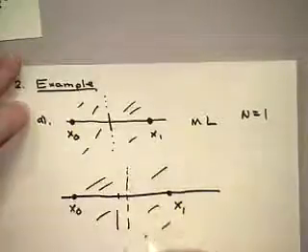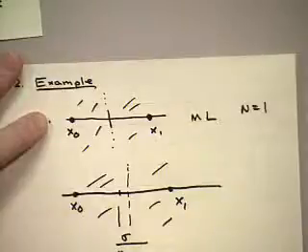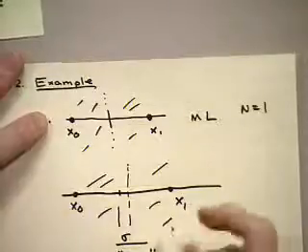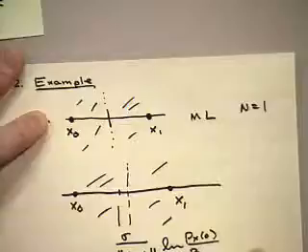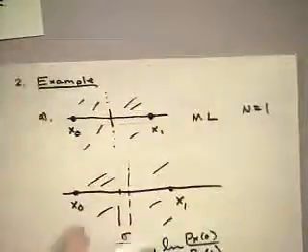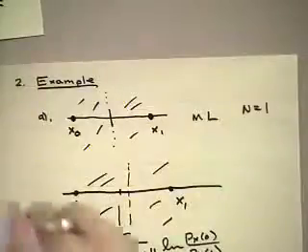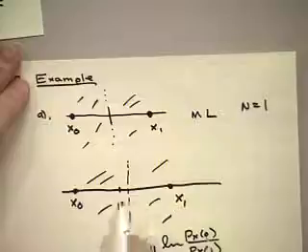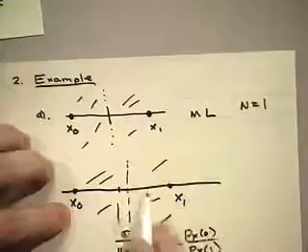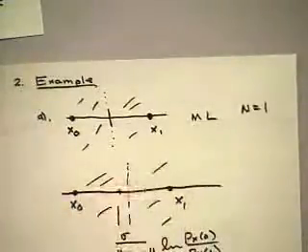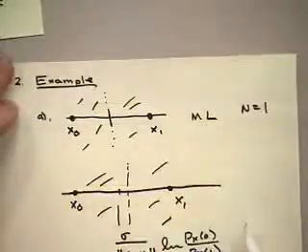And this difference here works out to be sigma over the norm of x1 minus x0, not squared, times log of p of x0 over p of x1. So there's a little bit of an offset for the 2-point constellation if one of the points is more likely. That makes sense. If 0 is more likely, and the more likely it is relative to 1, then I'm going to push the decision boundary over, and so more times I'm going to decide that x0 was transmitted. So that's the map rule here.